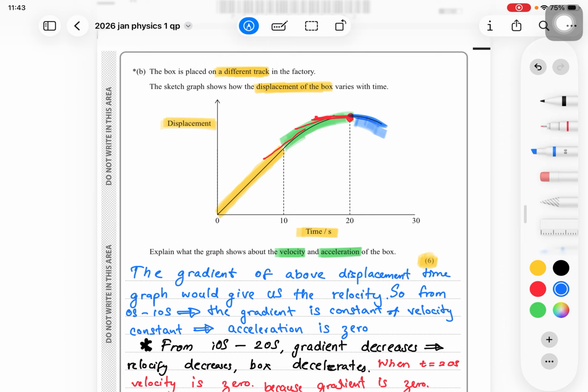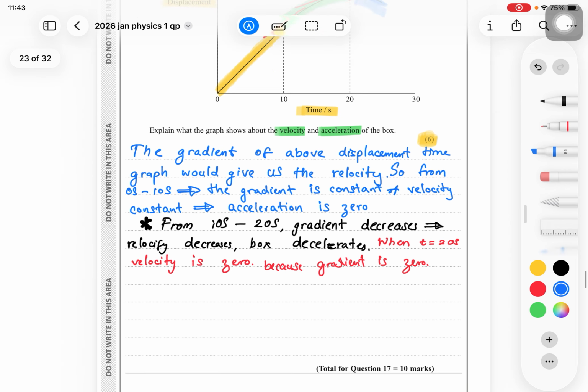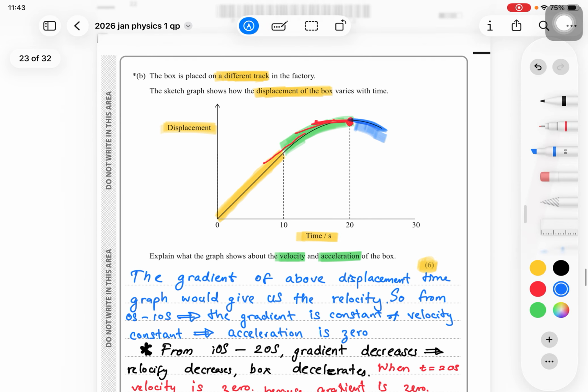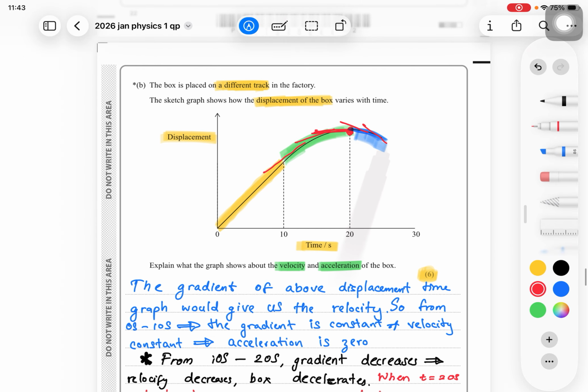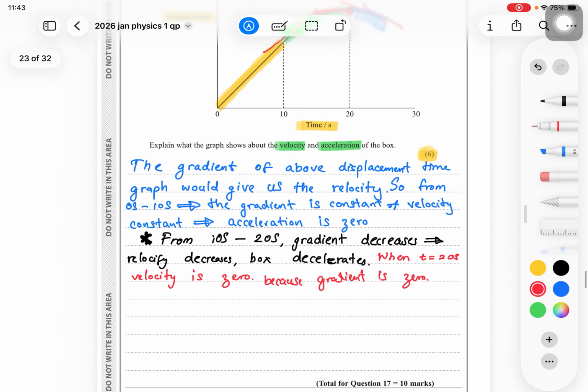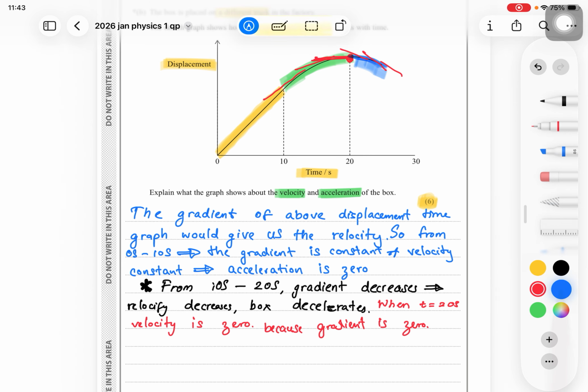That means he's moving in the opposite direction. The gradient is going to be negative now. Let's say that after 20 seconds, the gradient becomes negative. That's how you say it.